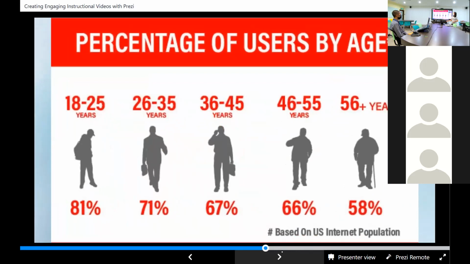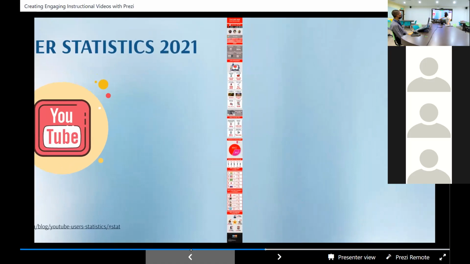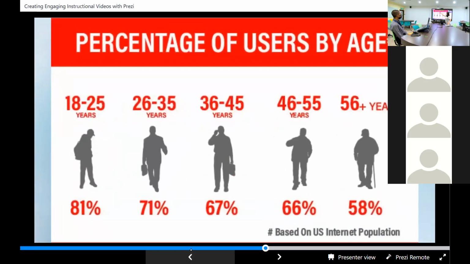And who are the users by age? Of course, this statistic here is based on the American internet population, but this is just a general idea of what it is like. The percentage of users by age. Who are they generally? Who are these people in our everyday life?